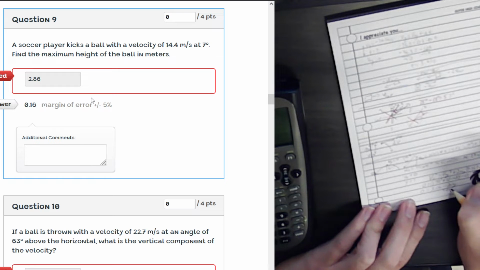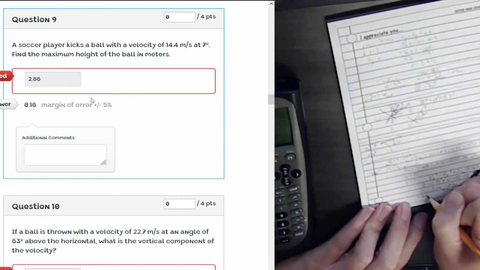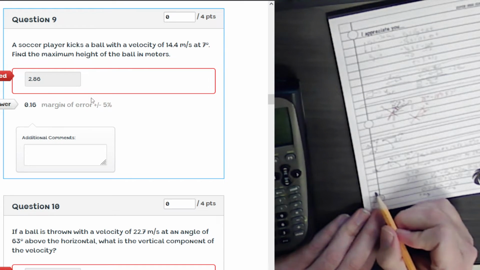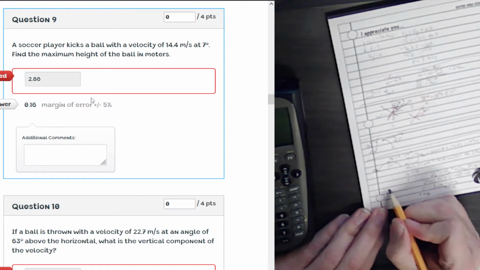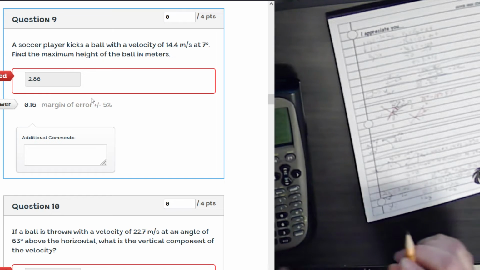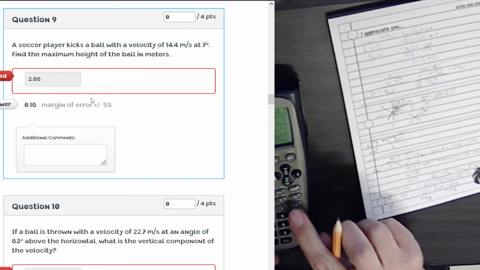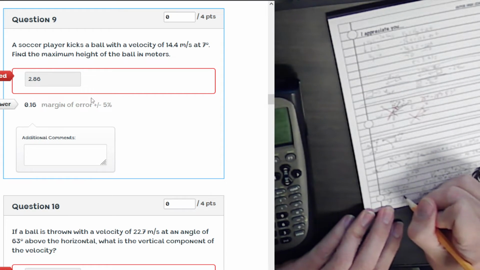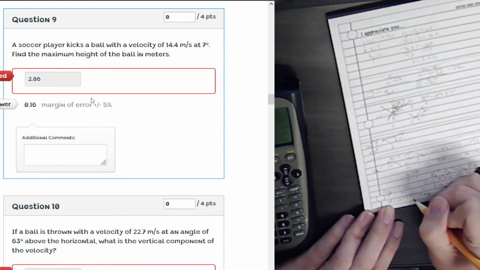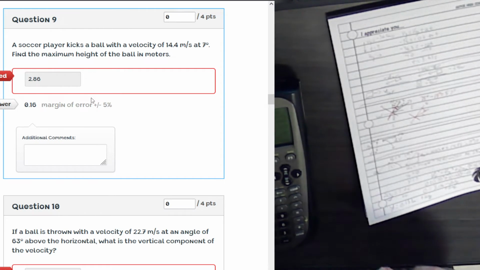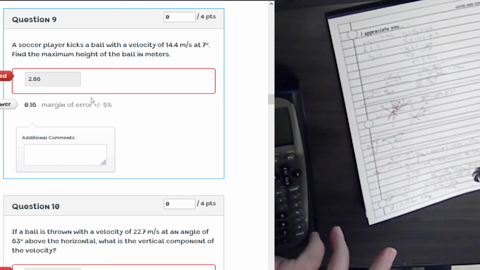We can add 20y to both sides, so we get 20y is 3.06. So we divide both sides by 20. y would equal 0.153. So in this case, the vertical height would only be like 15 centimeters, so not very much there.